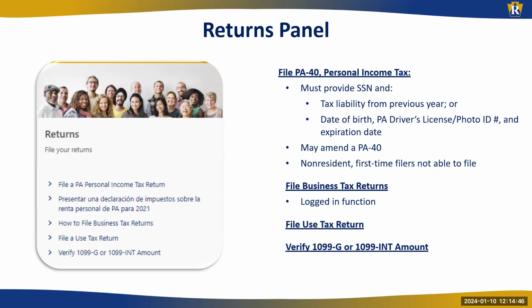But again, most of the business tax functionality is logged in, so it will prompt you to do that to proceed. We do have the option for filing a use tax return. And then finally, this is where you would go to verify any 1099-G or 1099-INT information regarding any overpayments or interest that you have received from the department.